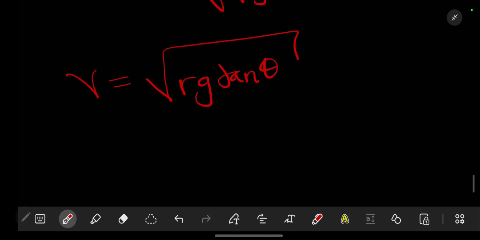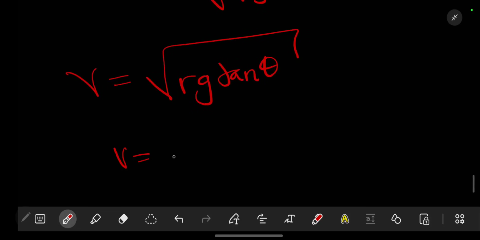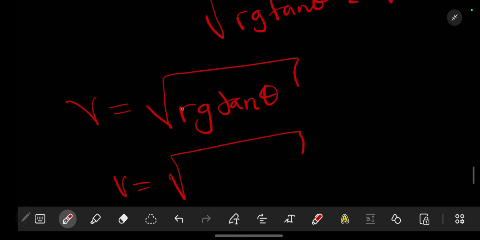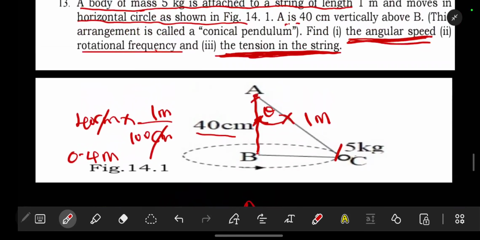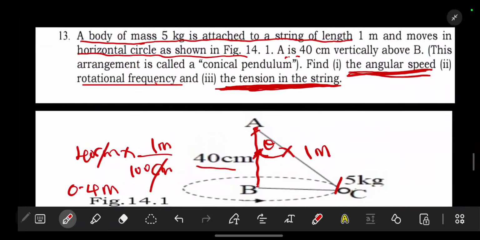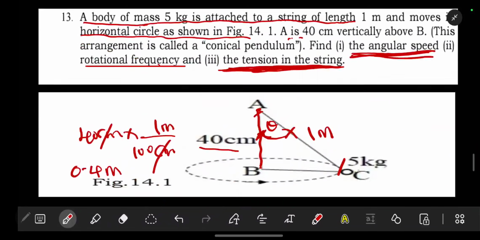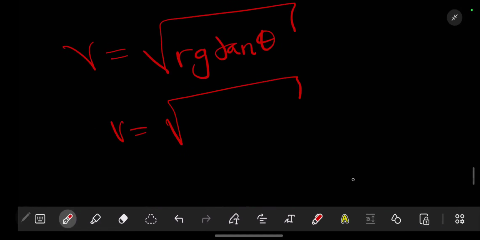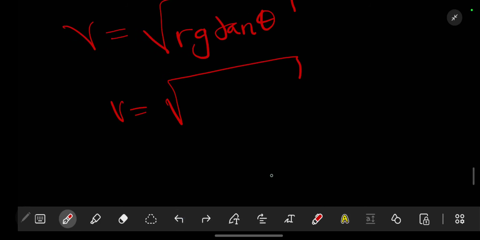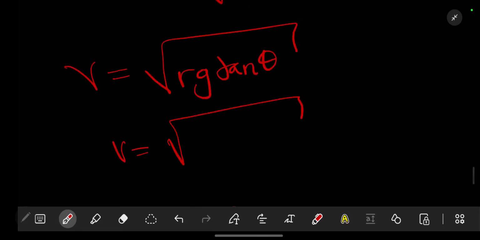So after you have done that, you are now going to substitute. What's our r? Do we know our r? So r can be found as r equal to L sine of theta. Don't forget that.